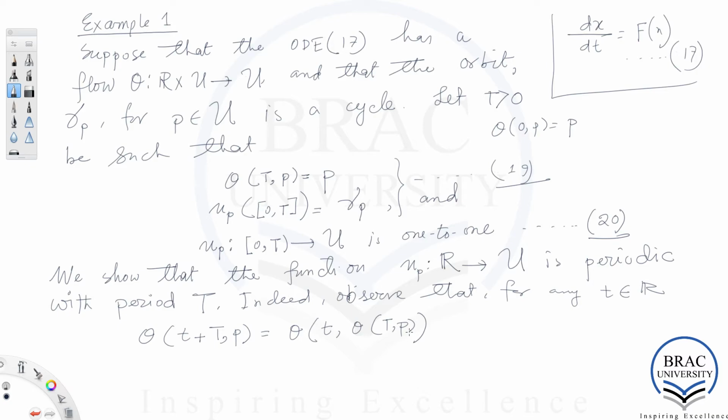And from the hypothesis, theta of big T comma p is just p. So it follows that this is equal to theta of t comma p.